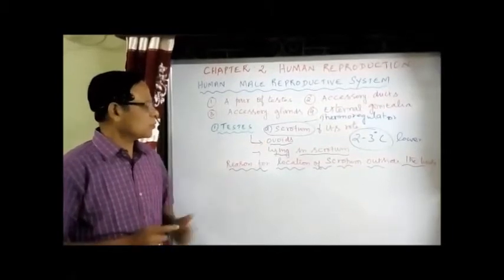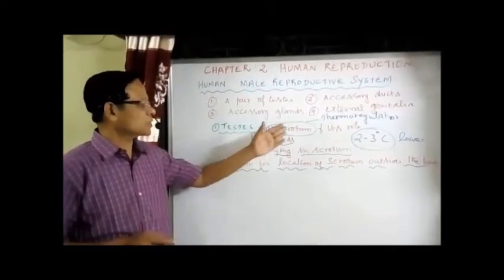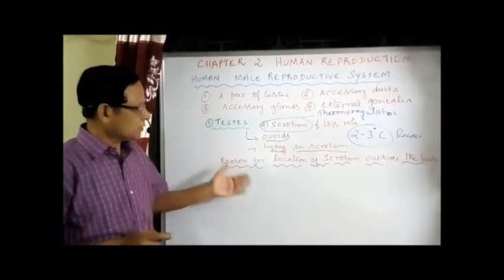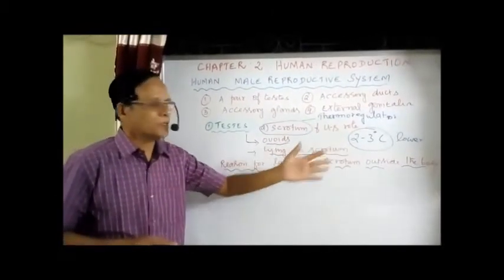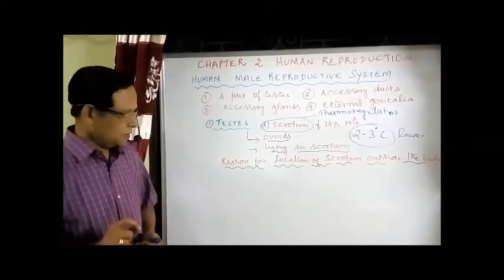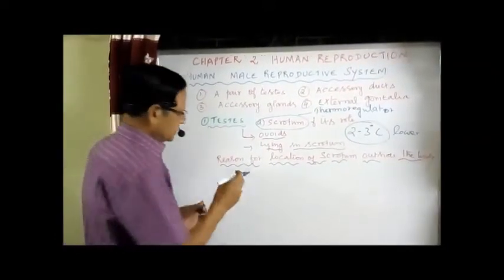Okay, the testes are ovoid bodies lying inside the scrotum. I mentioned the function of the scrotum and the reasons for its location outside the body. Now we have to go to the structure of the testis.